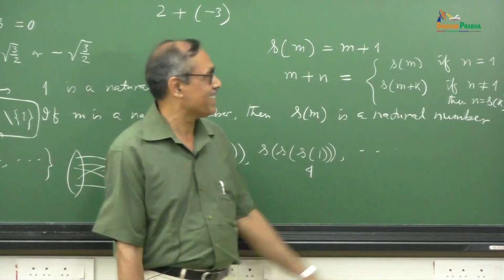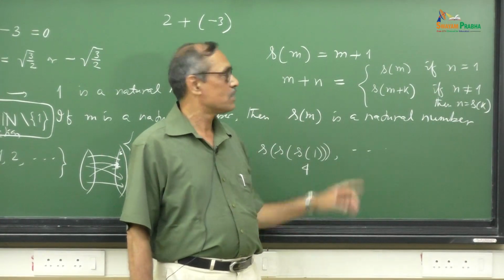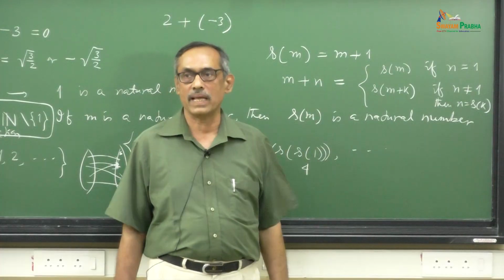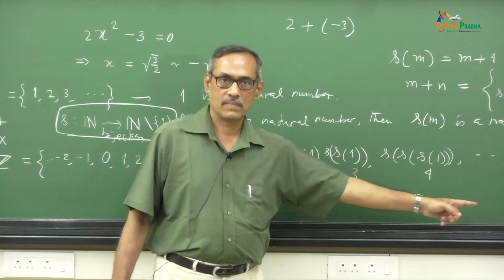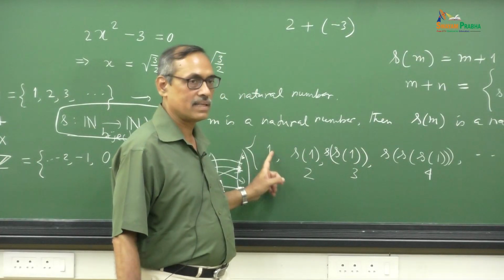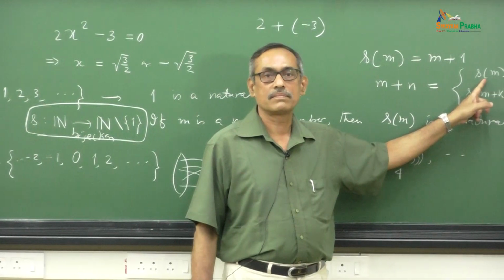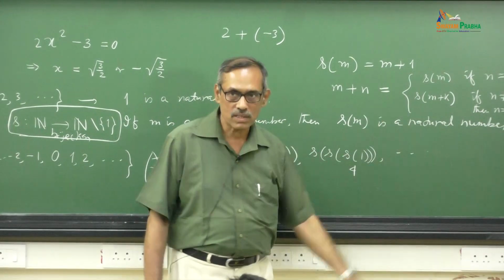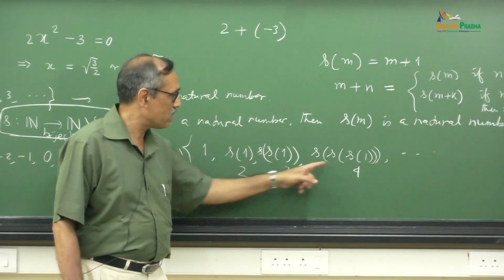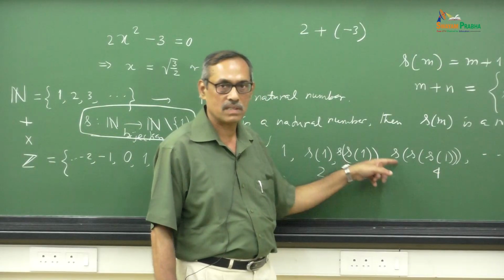Look at this. First, I want to define m plus n. So first I look at n. What is this n? It can be one of these. If n is 1 in the beginning, then I take just s of m. That is my m plus 1. If n is not equal to 1, then n will be s of something, say s of k, here s of 3.